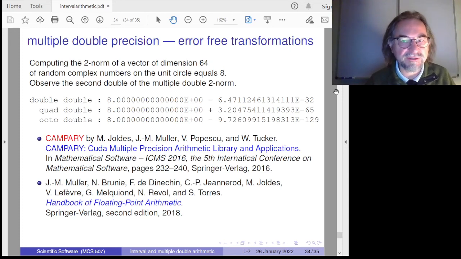And the first letter in CAMPARY stands for CUDA. So CUDA is the Compute Unified Device Architecture, the standard used by NVIDIA if you want to implement anything on graphics computers. So this library was targeted for extending the precision.